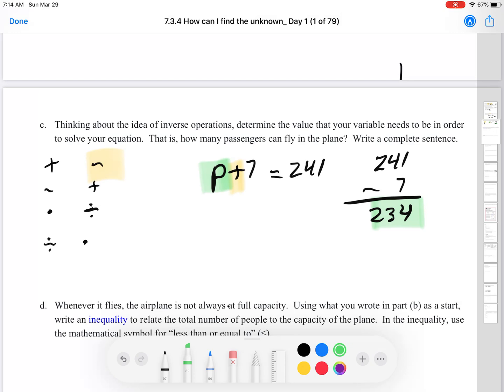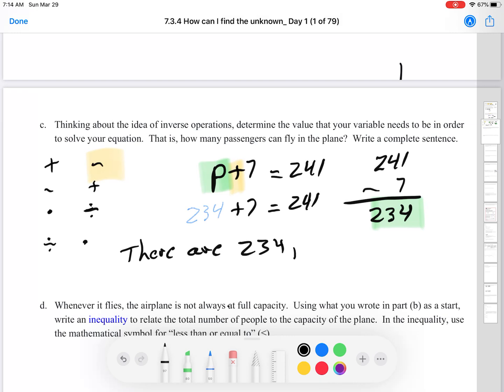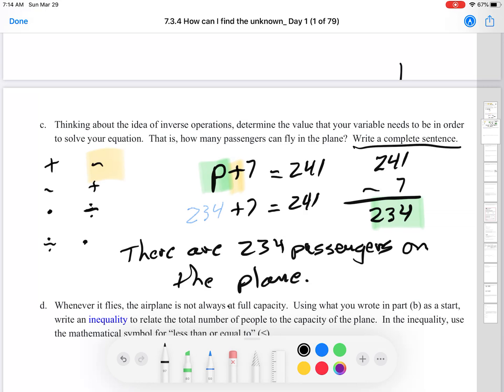If we had that variable and we said it was 234, that would mean that 234 plus 7 equals 241. Oh yeah, that would equal, wouldn't it? So this 234 is what we call a solution. To write a complete sentence, we could say there are 234 passengers on the plane. Just following our directions there.